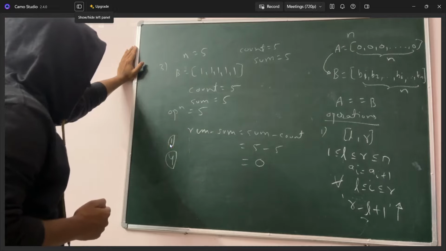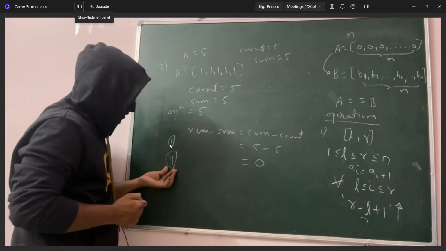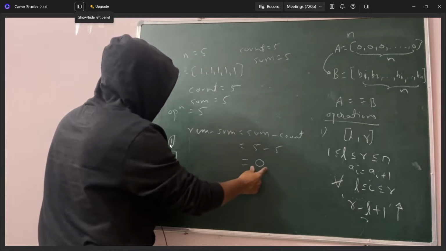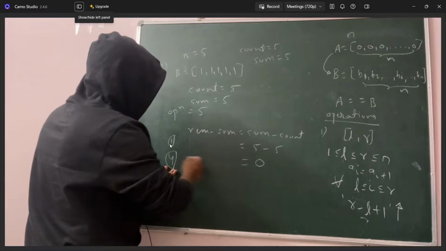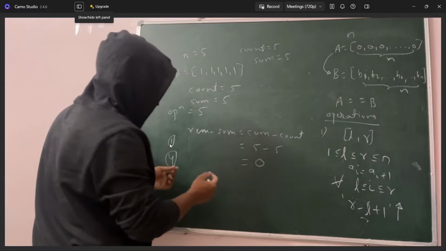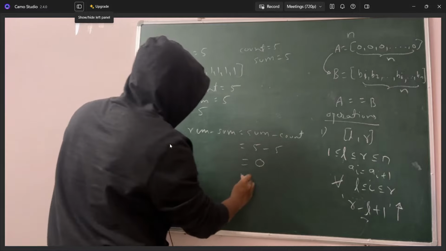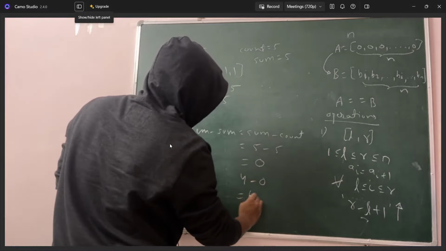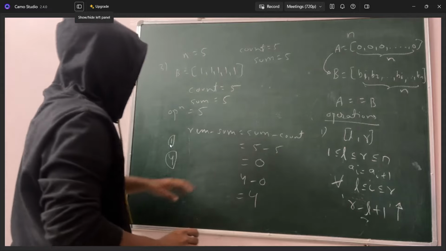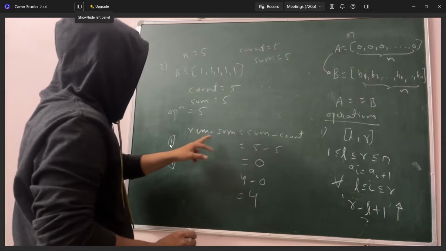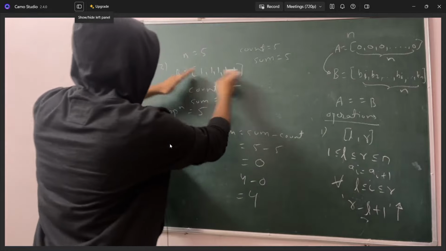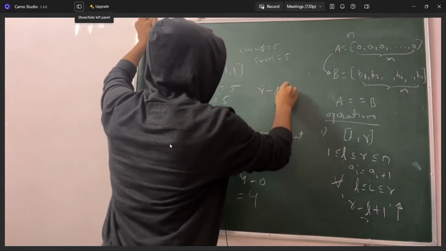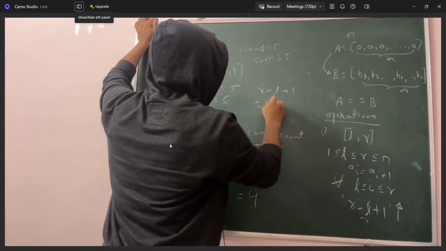So there are 4 operations remaining, where the sum is 0. In each operation I want to increase by 1, so it's like 4 minus 0, which is 4. In the first operation, when you did remaining sum minus count, you took the entire array, which was r minus l plus 1, like 5 minus 1 plus 1, which is 5.